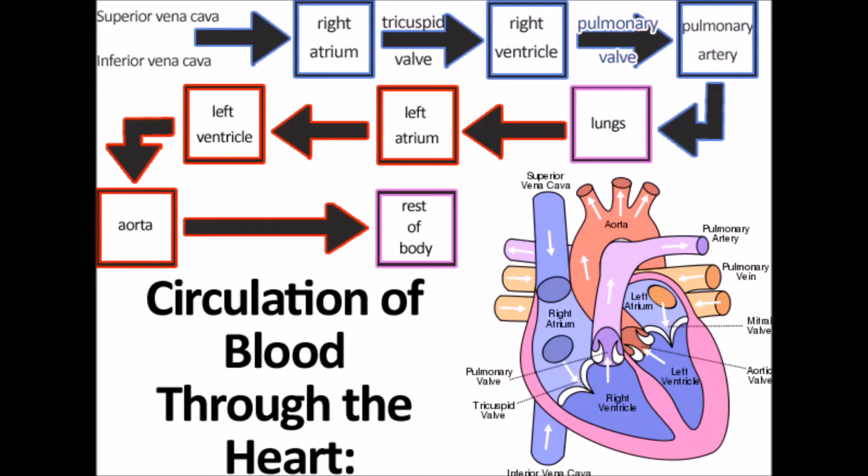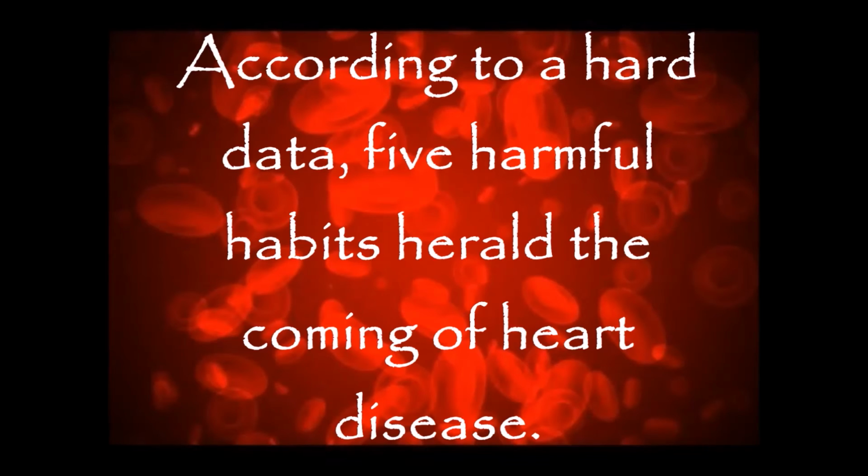Then the blood goes to the lungs in order to absorb oxygen. Then the oxygenated blood enters through the pulmonary veins into the left atrium. Then it passes through the bicuspid valve and enters into the left ventricle. Then it passes through the aortic valve and finally enters the aorta, where blood is distributed throughout the body.